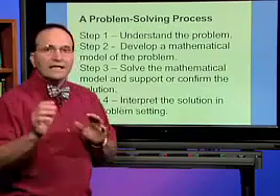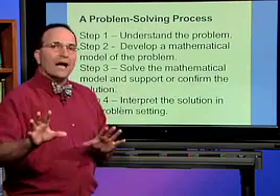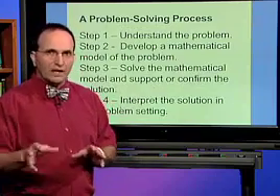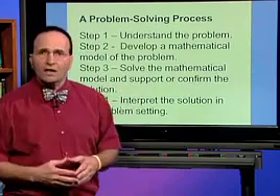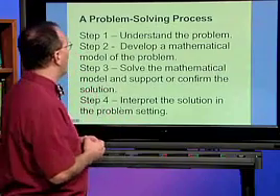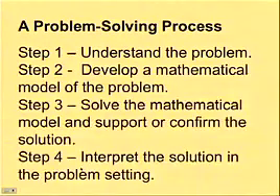Well, let's look at a 4-step problem-solving process that we can follow when we're attempting to solve a problem. Step 1, understand the problem. Make sure that you know what you're being asked, as well as what information is being given that's helpful in solving it. Step 2, develop a mathematical model of the problem, and that could be using the graphing calculator as we did when we found the quadratic regression.